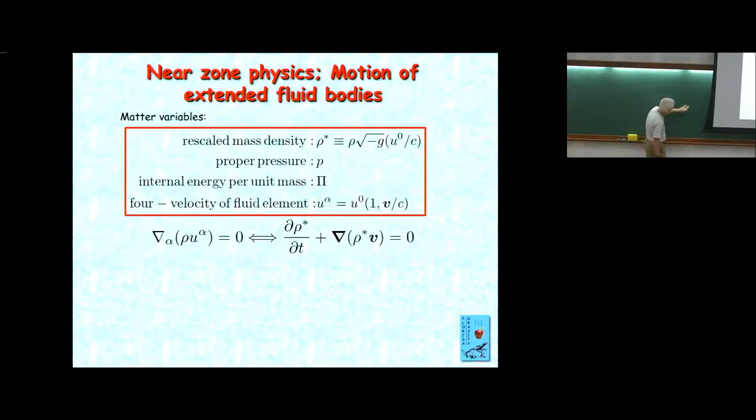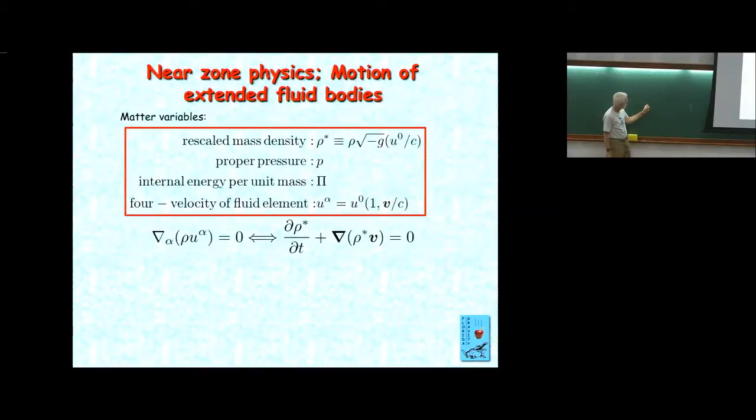Remember, uj is the same as u0 times vj, where v is the ordinary velocity, right? So I've taken this covariant divergence of rho u alpha, written it out in terms of coordinates. The first term is this, the second term is this, but notice the second term is the first term just times vj.